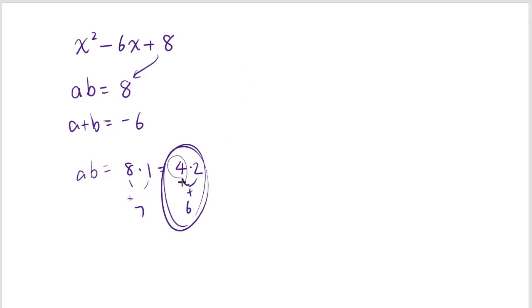So if you decide that 4 and 2 are the two numbers that add to 6 and multiply to 8, now because we know that these should be negatives, we know that A should be negative 4 and B should be negative 2. And indeed, negative 4 times negative 2 gives you 8, whereas negative 4 plus negative 2 gives you negative 6.